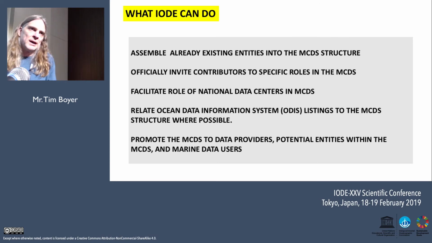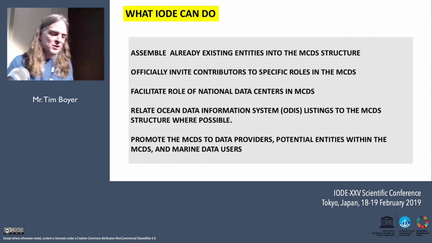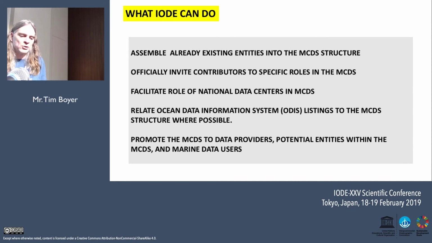So help the marine climate data system incorporate the national data centers. And we need to relate the ODIS, which we've heard about quite a few times here already, the listings that are going to be on the ODIS, how do they fit into the structure? Where possible, where we can fit that in, so people know exactly where to go to get that level of data which they would like.